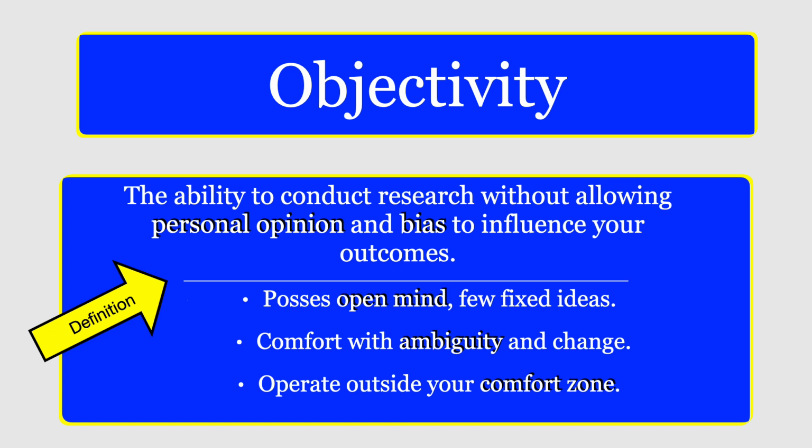Objective people tend to be comfortable with ambiguity, that sort of gray area in life, and change, meaning what was true yesterday might not be true tomorrow if our scientific understanding of something or a particular phenomena changes based on evidence and acceptance by, again, people from all walks of life.